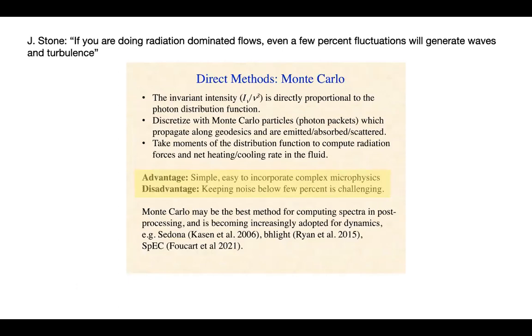One of the nice things about them, as we highlight here, is not just that they're simple and easy to incorporate. I would say they're probably one order of magnitude easier to implement in most codes than the M1 closure, except possibly in highly parallelized architectures.